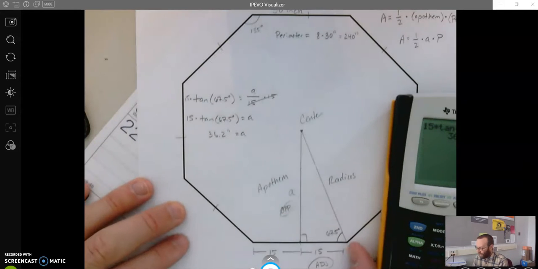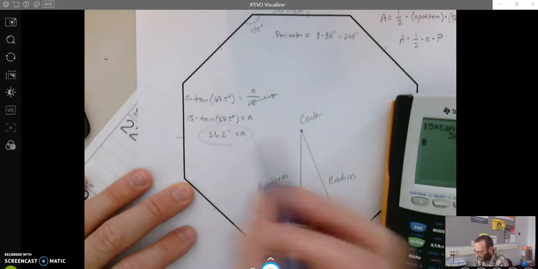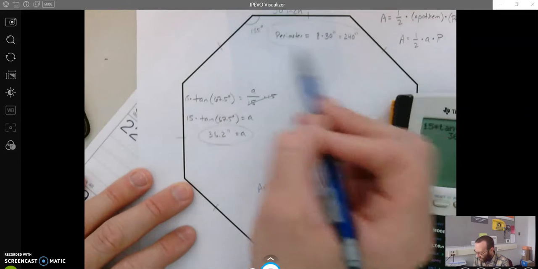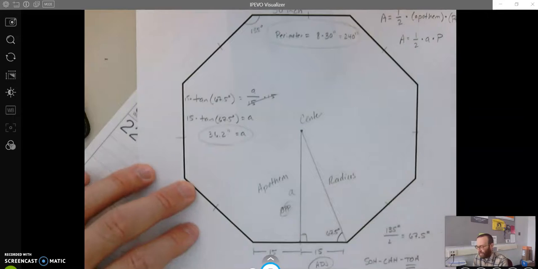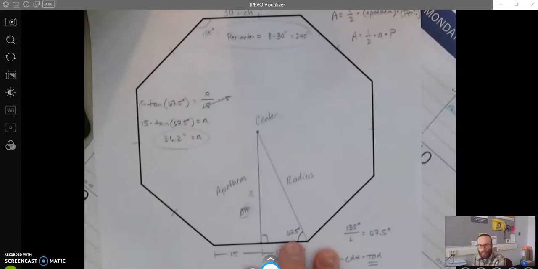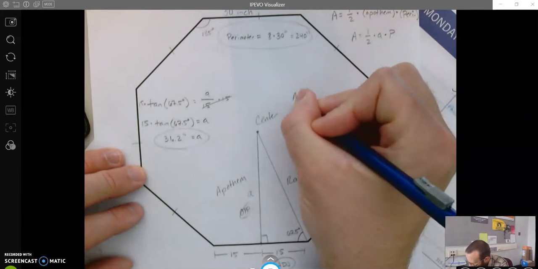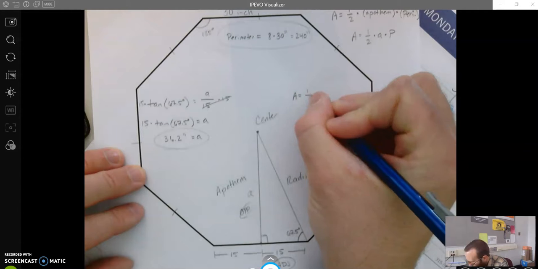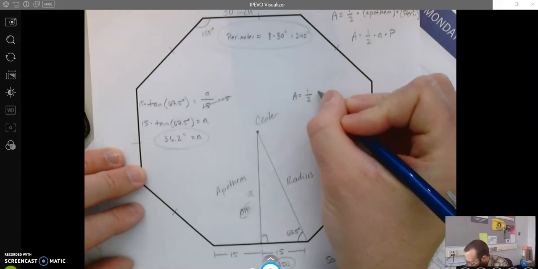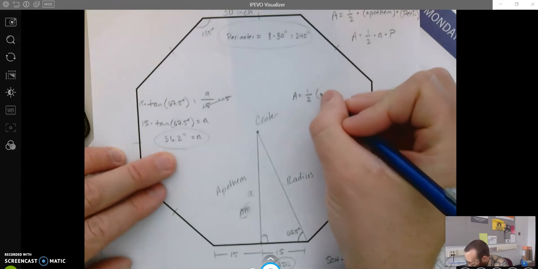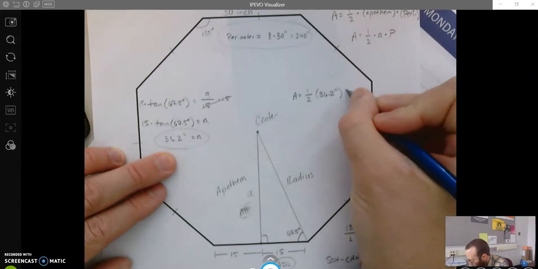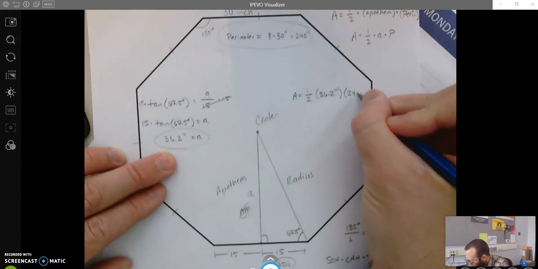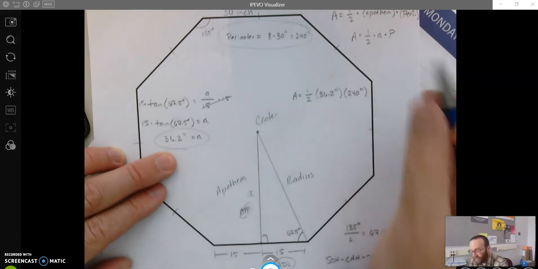Okay. Now, I know my apothem, I know my perimeter, and I know that my formula says to take area equals 1/2 times the apothem times the perimeter. So, the area of the stop sign, 1/2 times the apothem, which is 36.2 inches, times the perimeter, which is 240 inches.